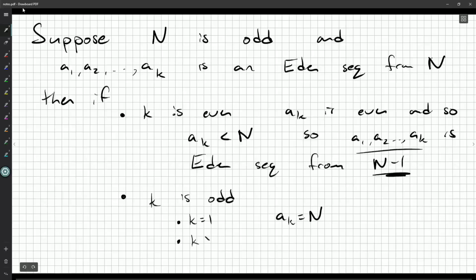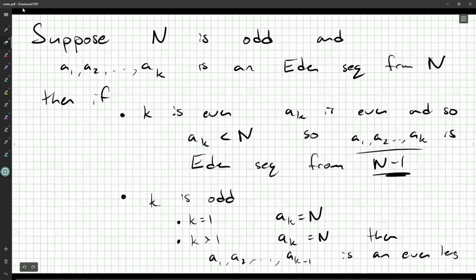If k is greater than 1 and AK is n, then A1, A2, if I take off the previous thing, so take off this n, this is an even length sequence from the previous terms.